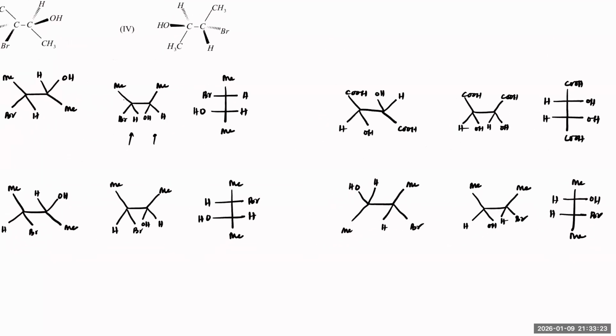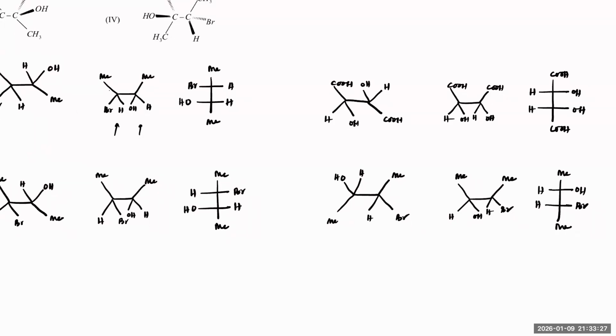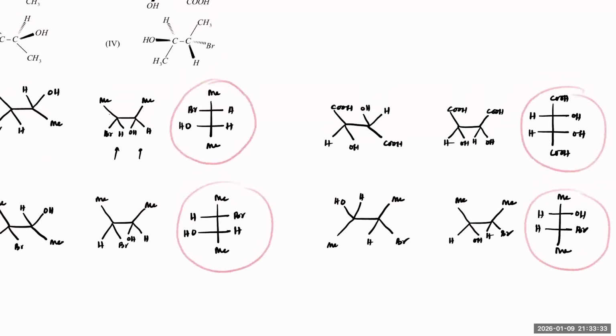These are the four forms we got, everyone. Now we have to analyze this structure and this structure. In the second structure, we got an idea that this is a mesoform. And if you notice these, this is 1, 2, 3, and 4.